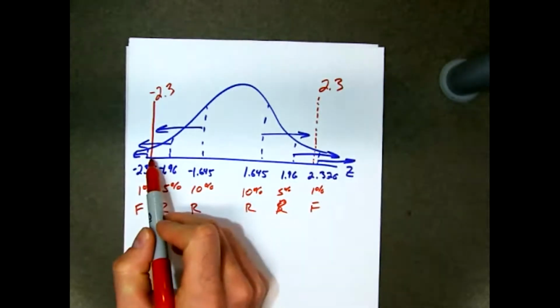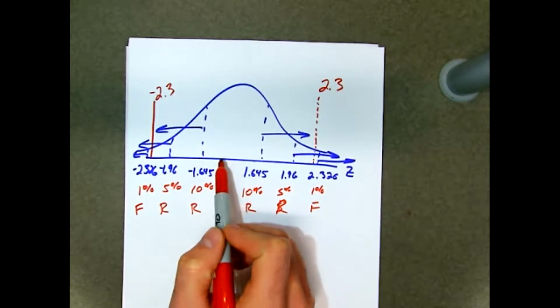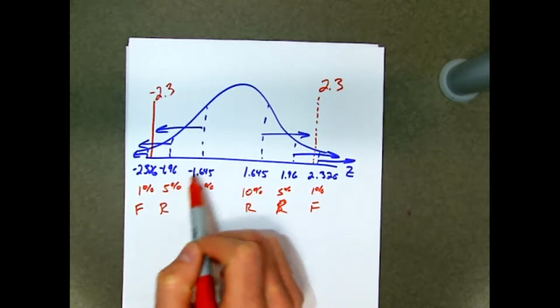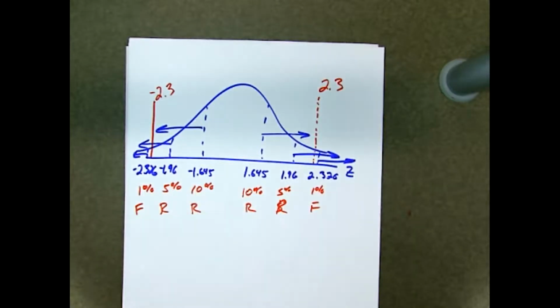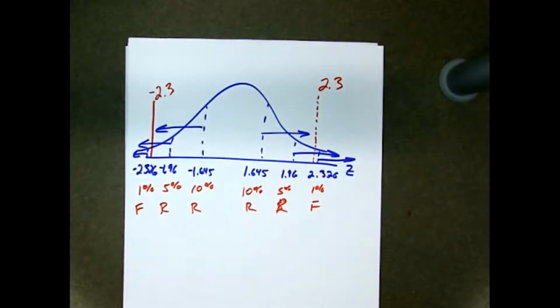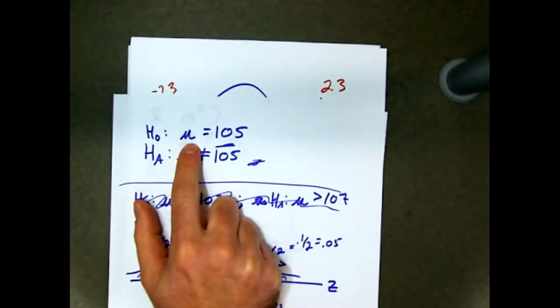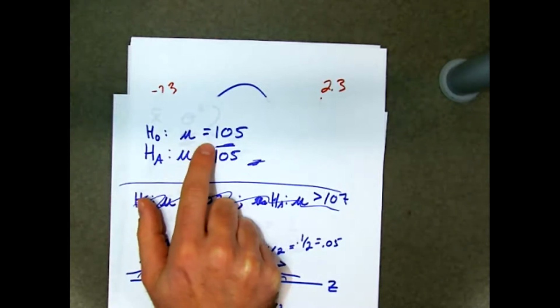If I saw something 2.3 standard deviations below the assumed true value, that's enough to reject at the 10 and 5% level. Same thing if I saw sample evidence leading to a test statistic 2.3 standard deviations above that assumed true mean. Either side goes against the null, so I'm still going to reject at the same levels, regardless of whether the sample evidence was above or below that assumed true value, because it's just one value.